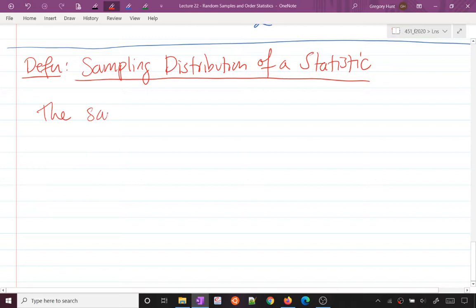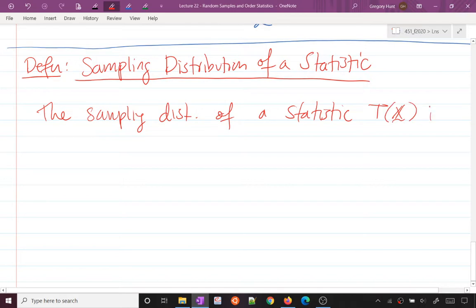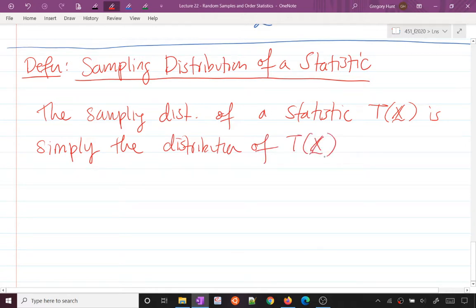The sampling distribution of a statistic T, or T of X tilde, is simply the distribution of my statistic T of X tilde.